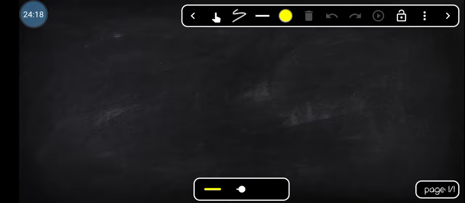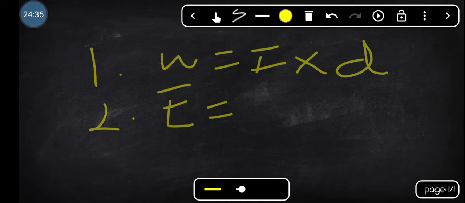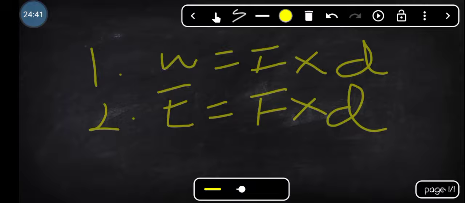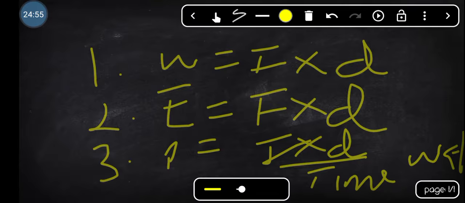So what are the lessons we have learned today? Number one, we learned that work is force times displacement, or distance moved in the direction of the force. Two, we learned that energy is the capacity to do work. Three, we also learned that power is force times distance, but now over time, and it is measured in watts. Work and energy are measured in joules.